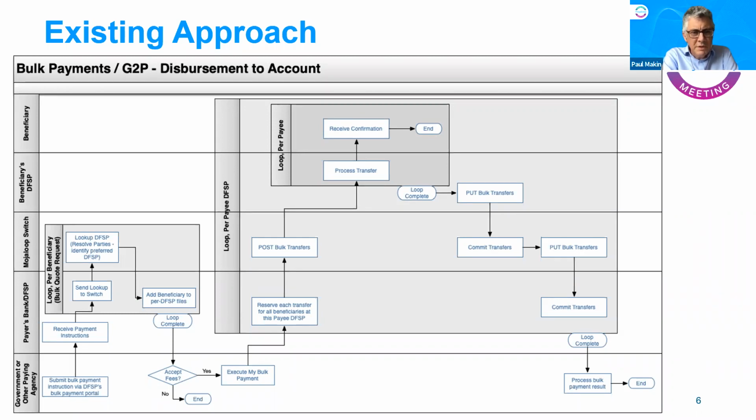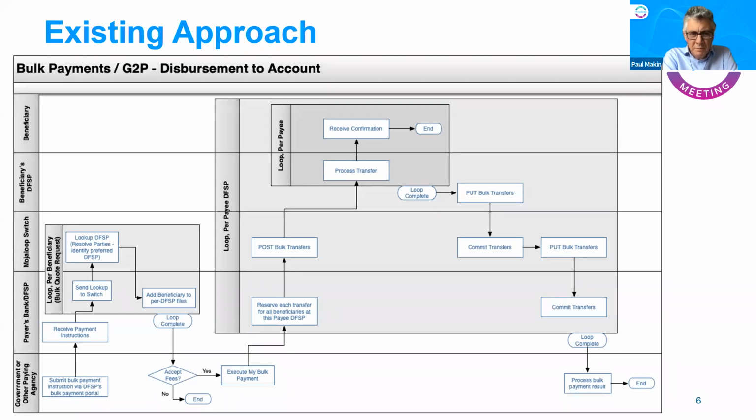And once that's complete and the fees have been identified, we can feed that back to the payer's bank and to the government to say, are you willing to accept these terms, essentially? And when they say yes to execute my bulk payment, we then go through a loop per payee DFSP, where we carry out a series of Mojaloop transactions to push the money from the payer's bank through to the payee at each DFSP in turn.